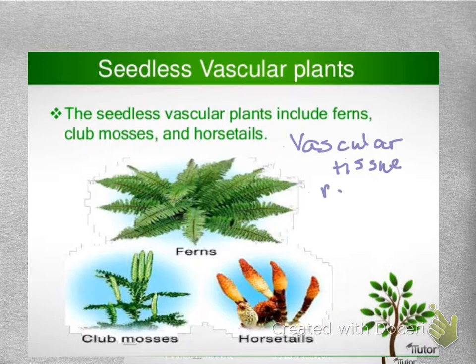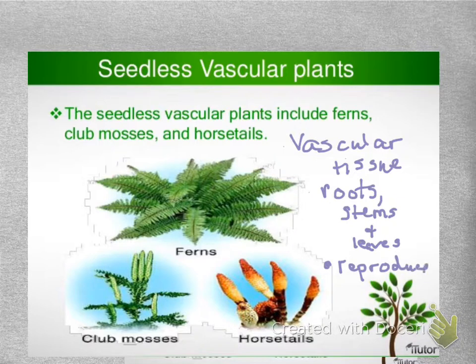They all have roots and stems and leaves. So they all have that in common. Not only that, but they can all have the opportunity to reproduce with spores.